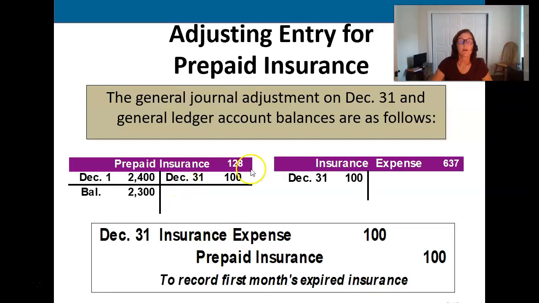I showed it to you in T account form, but in terms of journal entry format, which is general journal, we've got the debit, which appears first, for the insurance expense, and then the credit to the prepaid insurance, because again, debits always come first, credits always come last.